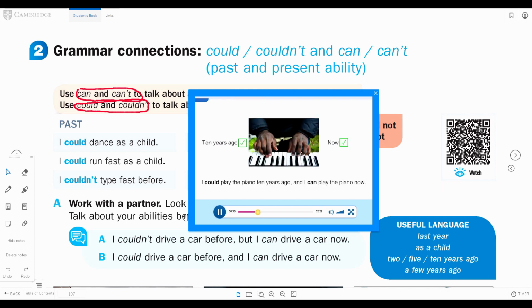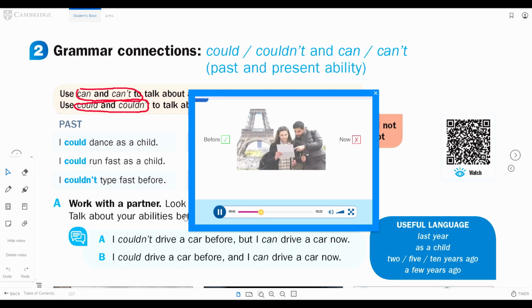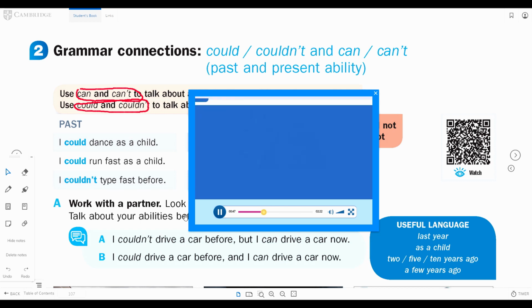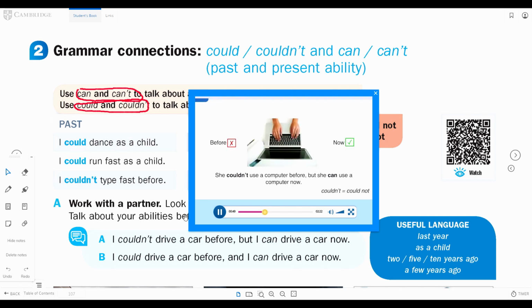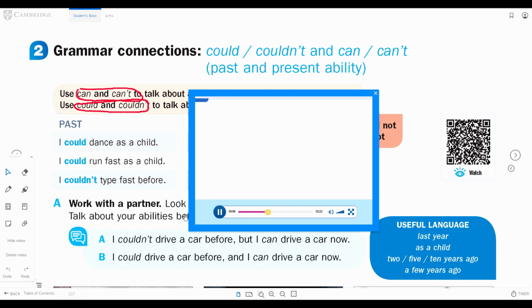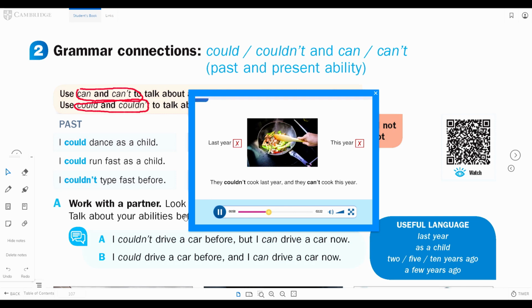I could play the piano 10 years ago, and I can play the piano now. He could speak French before, but he can't speak French now. She couldn't use a computer before, but she can use a computer now. They couldn't cook last year, and they can't cook this year.